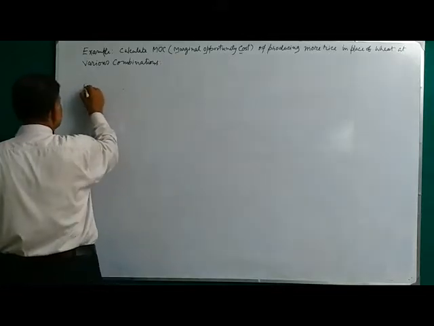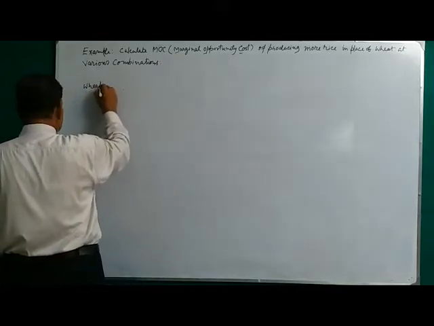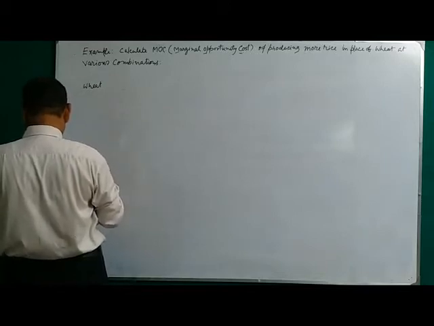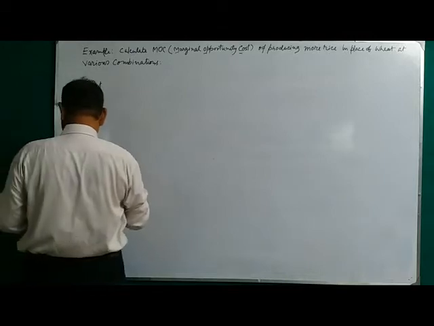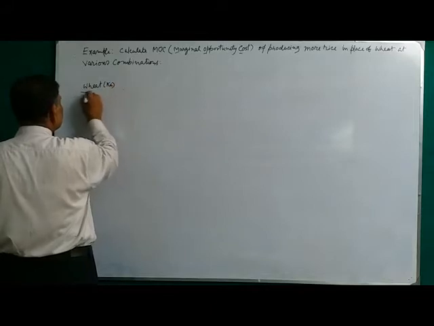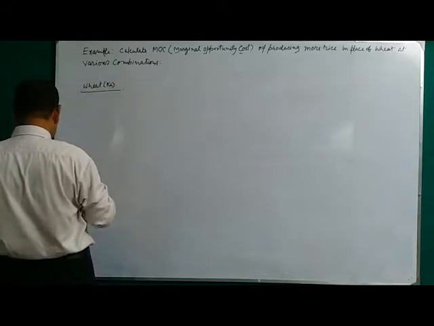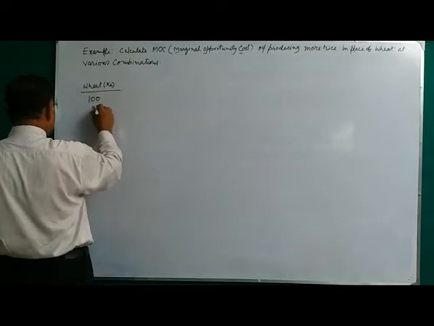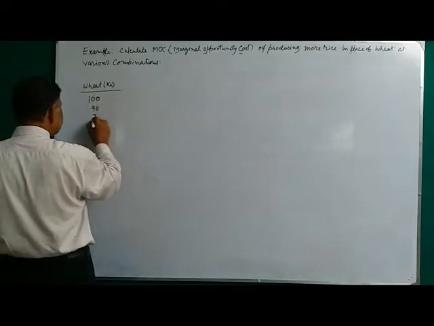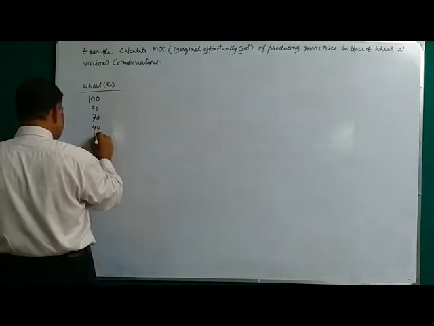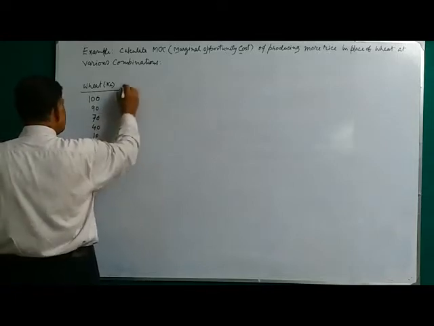Wheat in kg: 100, 90, 70, 40, 10, 0, and rice: 0, 25, 50, 85, 87.